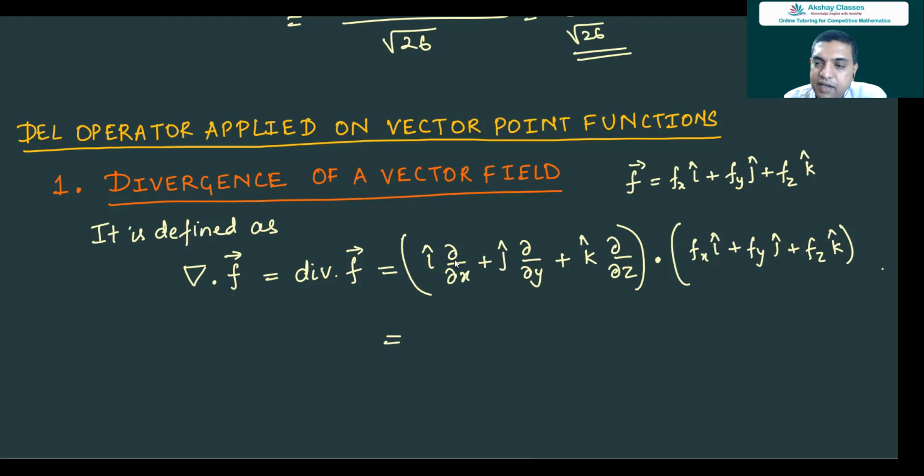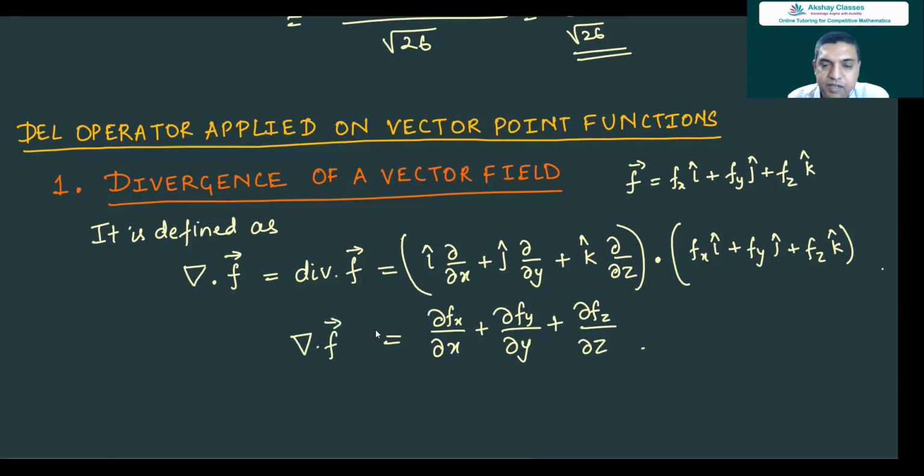So we get dou Fx by dou x plus dou Fy by dou y plus dou Fz by dou z. This is the divergence of a vector field. Del dot F is called the divergence of a vector field.